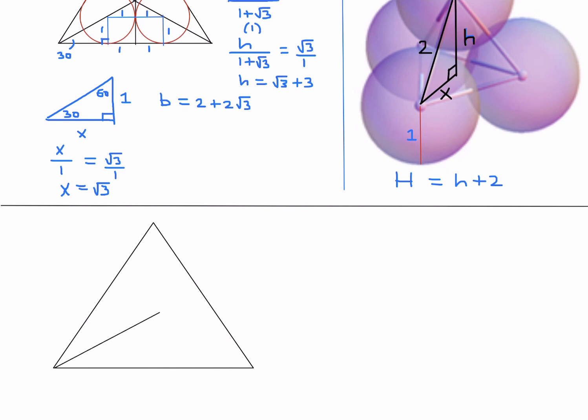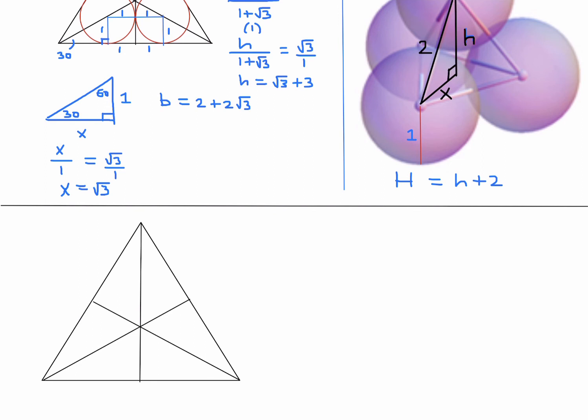Well, the first thing we need to draw are these lines that are perpendicular bisectors, basically. Once you draw that, it'll be obvious what X is. X will be the distance from here to here, because this point that the h touches is the centroid of that triangle, and this is the centroid right there.